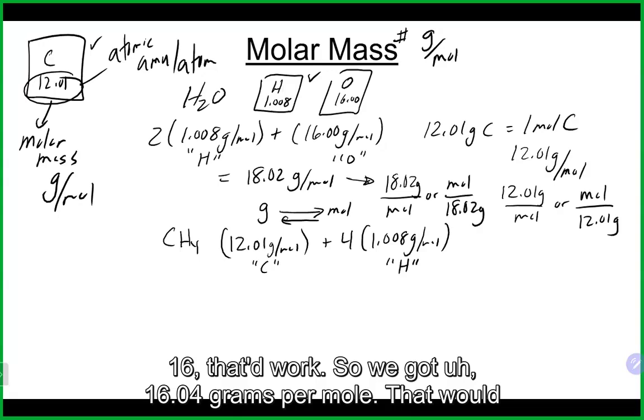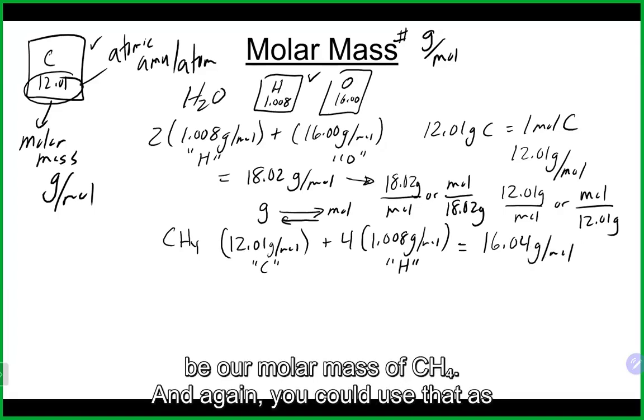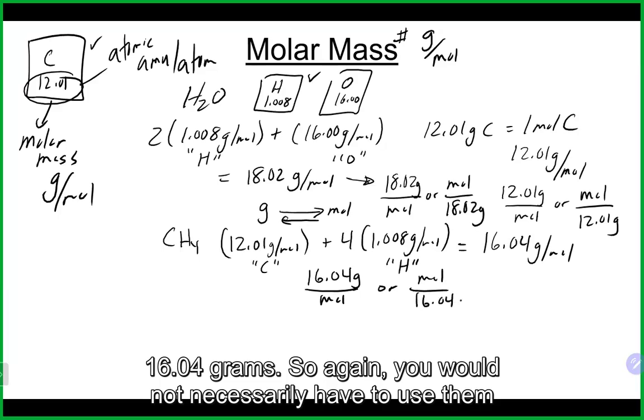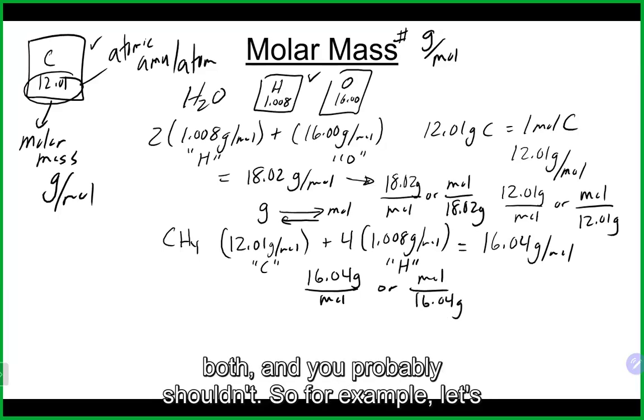Ah, 16, that'll work. So we got 16.04 grams per mole. That would be our molar mass of CH4. And again, you could use that as 2 conversion factors, 16.04 grams per mole, or a mole is 16.04 grams. So again, you would not necessarily have to use them both, and you probably shouldn't.